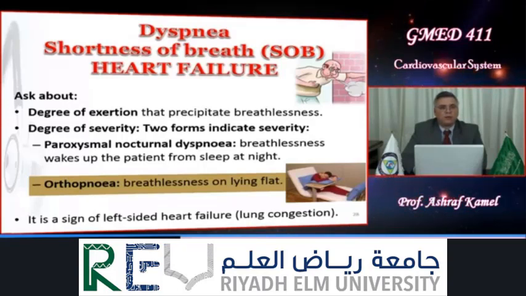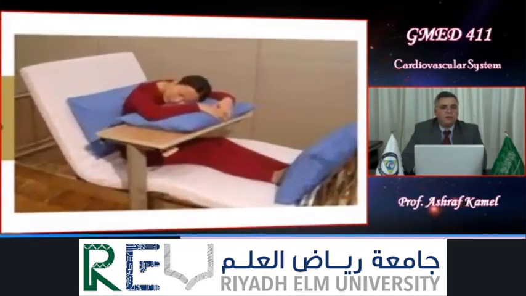The first is paroxysmal nocturnal dyspnea, which is a breathlessness that occurs at night and wakes the patient up from sleep. The second type is orthopnea, which is breathlessness on lying flat. The patient cannot lie flat without cushions. He sometimes puts 4 or 5 cushions behind his back, or he may even incline forwards on a table in order to sleep.